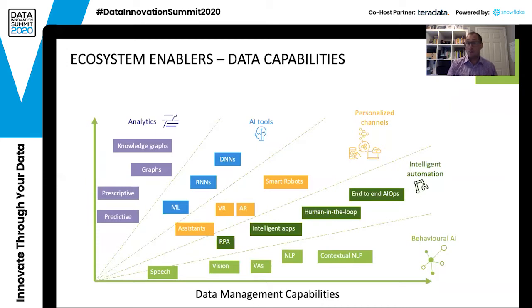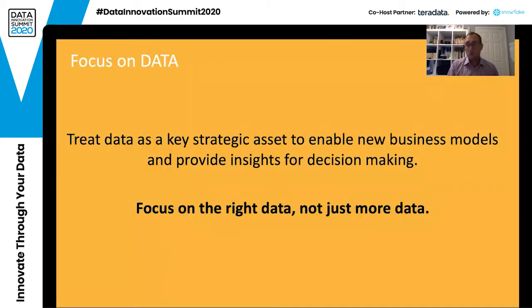It doesn't work like that, and hence the importance of data management and data capabilities to get your data ready for the machine learning and AI capabilities that are coming at us so quickly, and all need these common capabilities in a particular way. So the real shift is that rather than looking at more data, it's really focusing on the right data, and that's what we're doing in SEB.